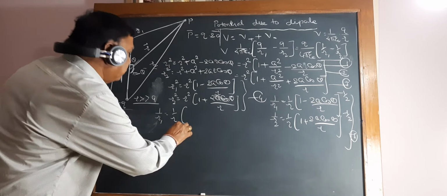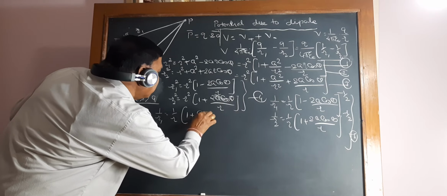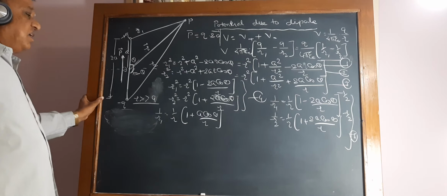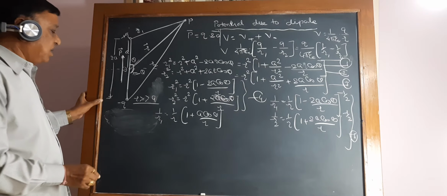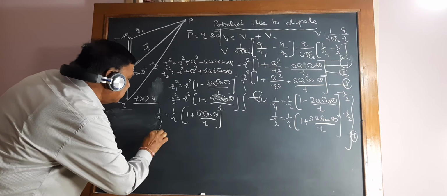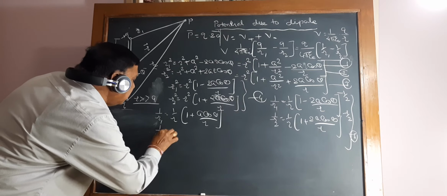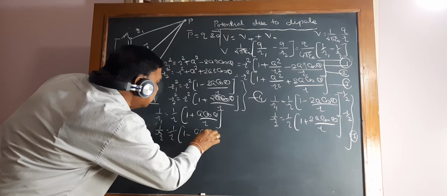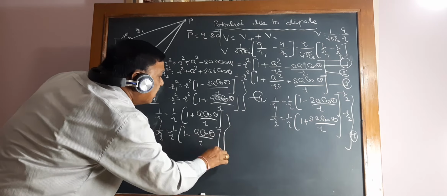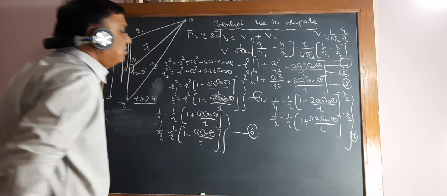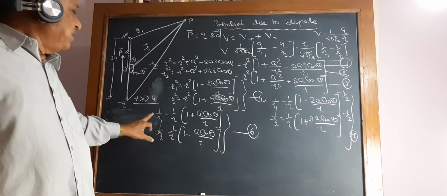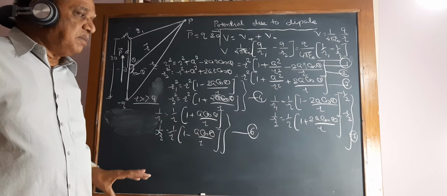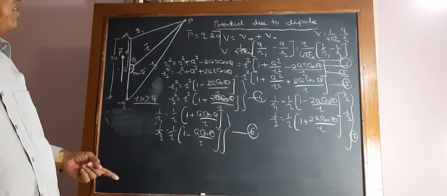So 1 plus a cos theta by r, and 1 upon r2 is 1 upon r, 1 minus a cos theta by r. Now these are 1 upon r1 and 1 upon r2, the required terms in equation 6.